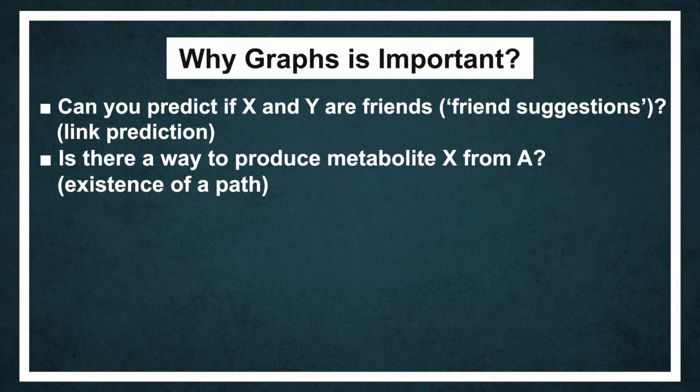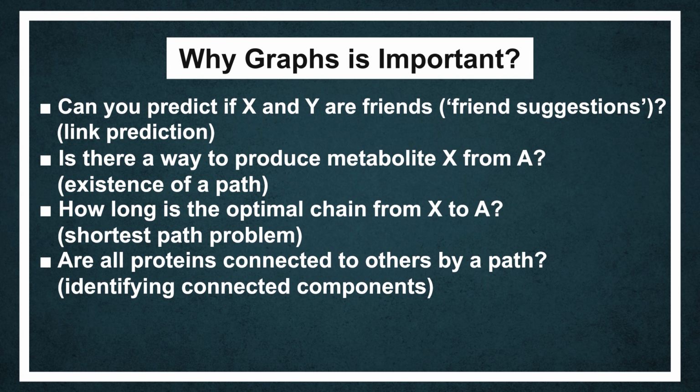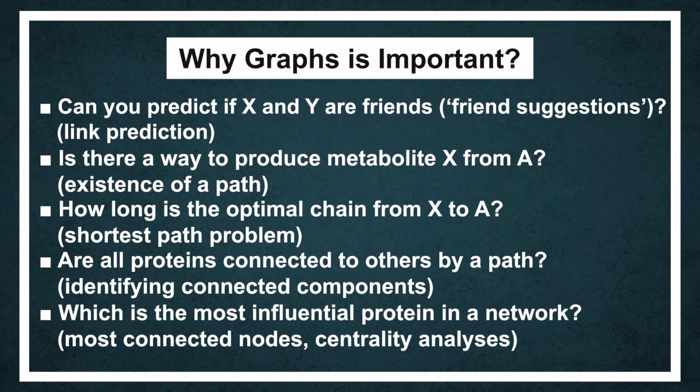Question 1, with respect to biological networks, is there a way to produce metabolite X from A? The second question is, how long is the optimal chain from X to A? Another category, are all proteins connected to others by a path? The fourth kind of question, which is the most influential protein in the network?